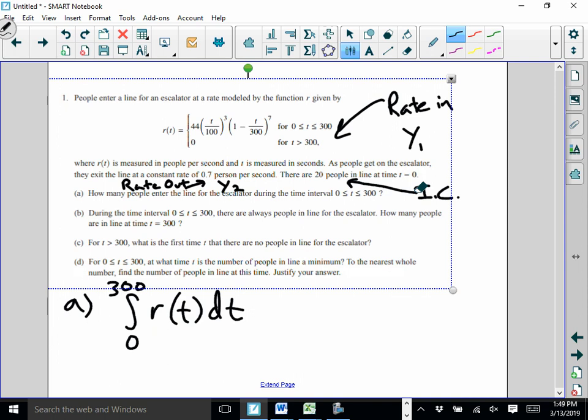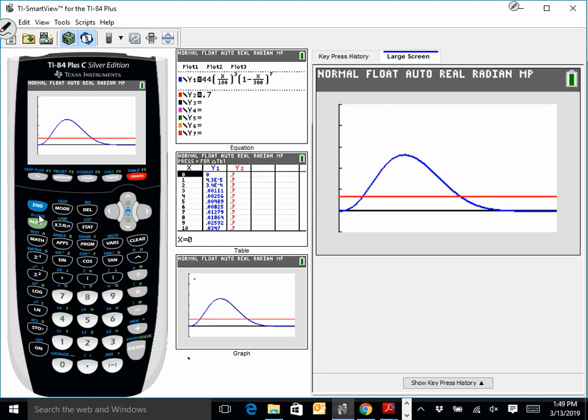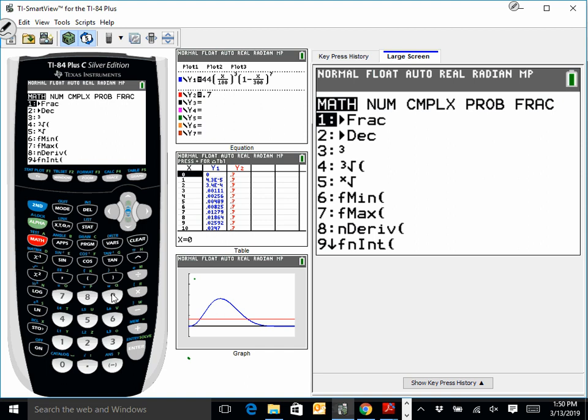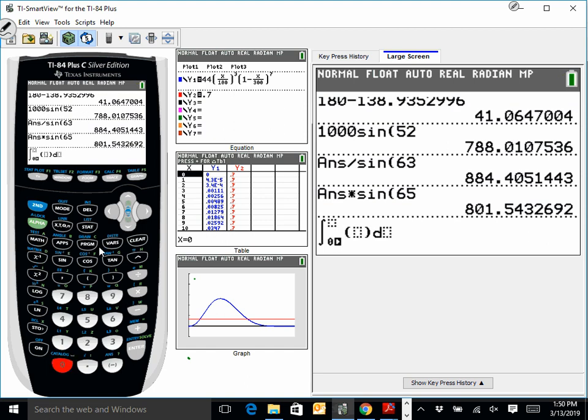So, r of t, I know from right here, is in my calculator as y1. So to make this life easy for us, I go back to my graph screen, and I'm going to hit Math 9, integral 0 to 300 of my rate in.